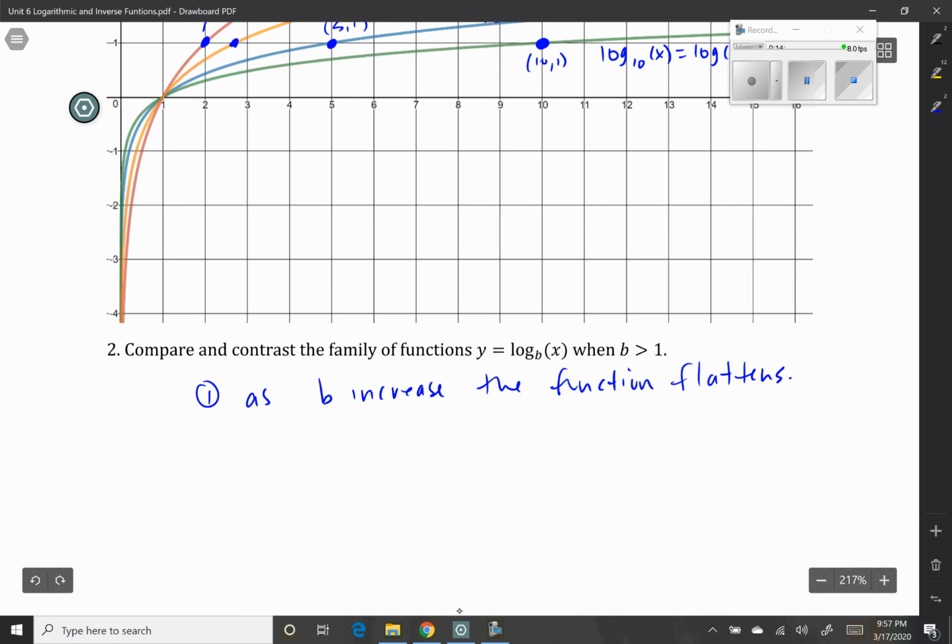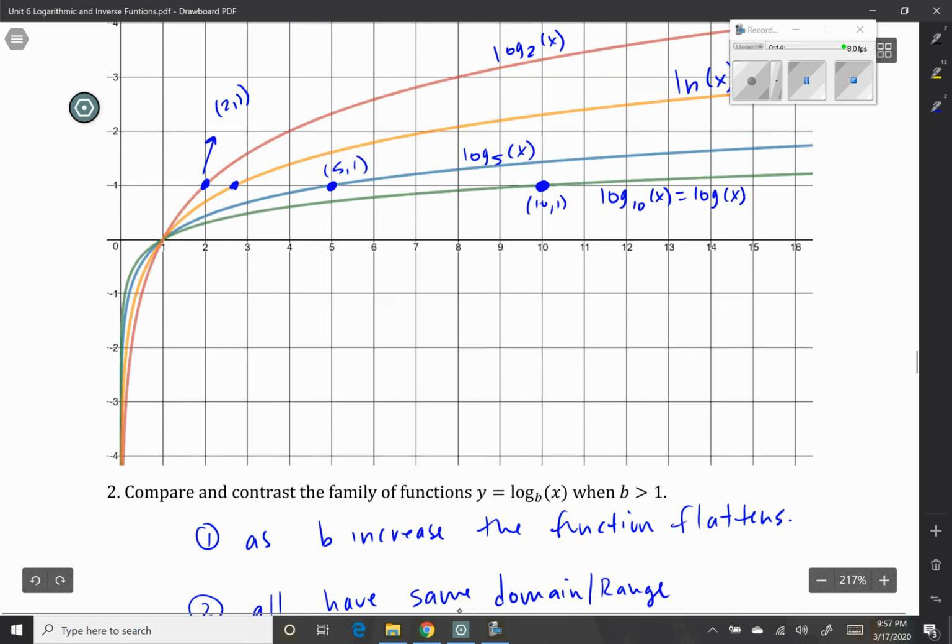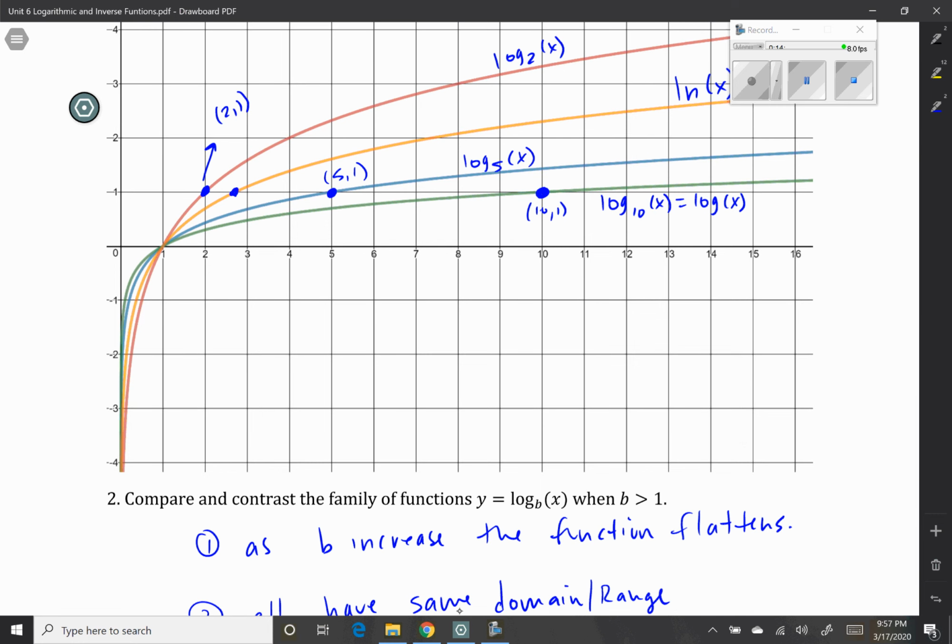That's one thing we can say. We could also say all have the same domain and range. If you look at all four of these graphs, none of them are going to cross the y-axis, so they're all going to have that same domain of greater than 0. And they're all going to have the same range because they all keep going down and they all keep going up.